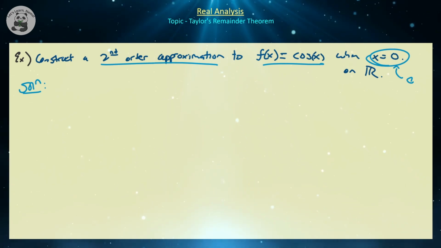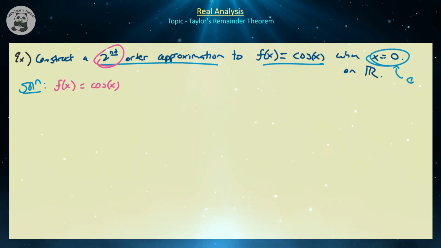So the first thing that we need to do is find the first few derivatives of our function. Keep in mind, f of x was equal to cosine of x, and we need at least 2 derivatives of this. Actually, we need 3 derivatives, and we need the third derivative to be continuous on our interval. Our interval, in this case, is going to be the set of real numbers.